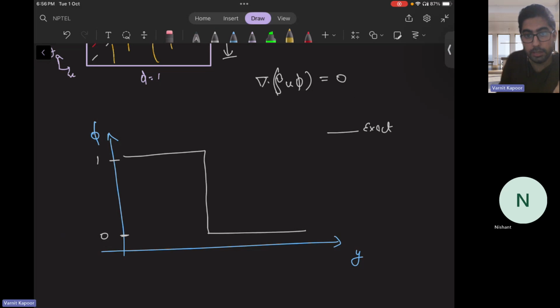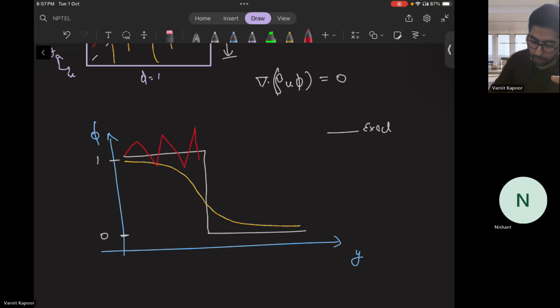When you are dealing with UDS, the upwind differencing scheme, you will observe some diffusion term which is creating diffusion in the problem, whereas CDS will create some oscillations because of Peclet number conditions. Again, something like here, some oscillations will be there.